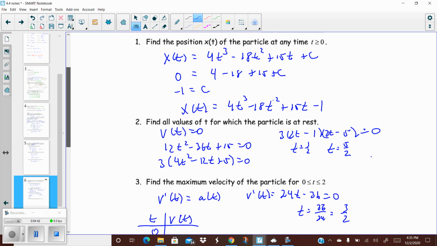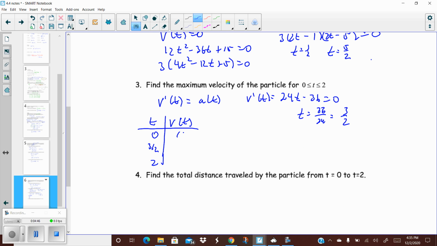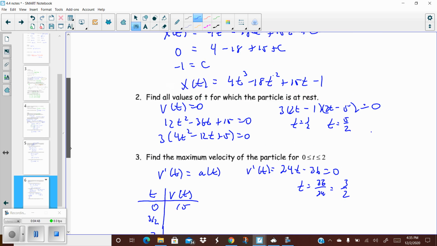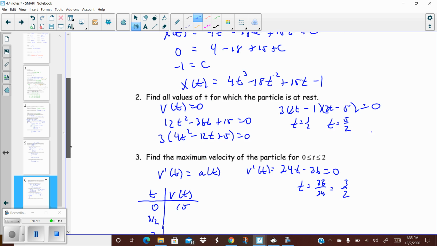If I plug 0 back into my velocity function, we're going to get 15. If you plug 2 back into your velocity function, 2 squared is 4 times 12 is 48, minus 72, which is negative 24, plus 15 is 39.